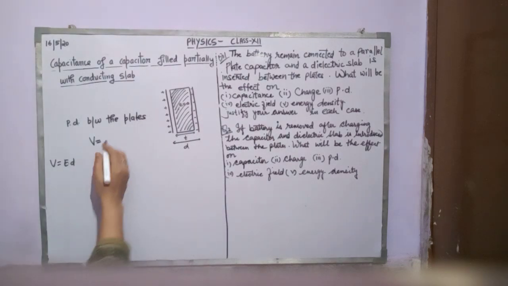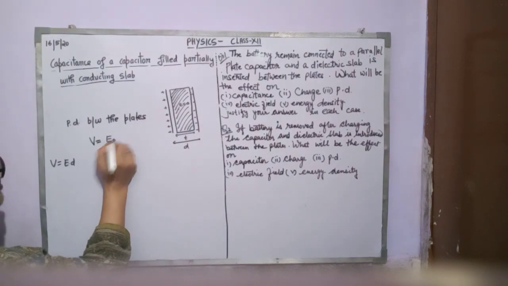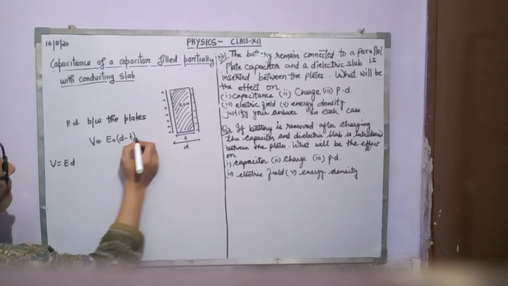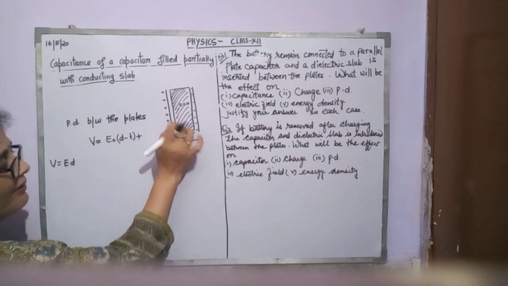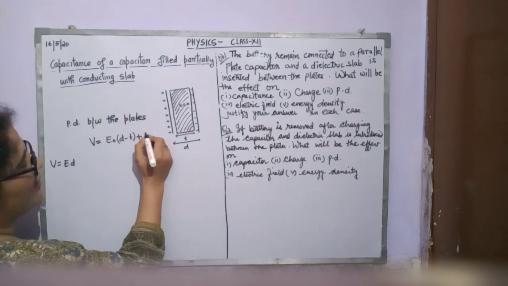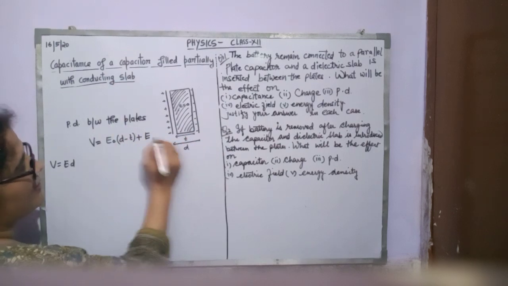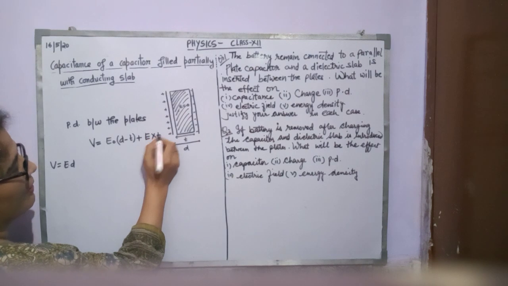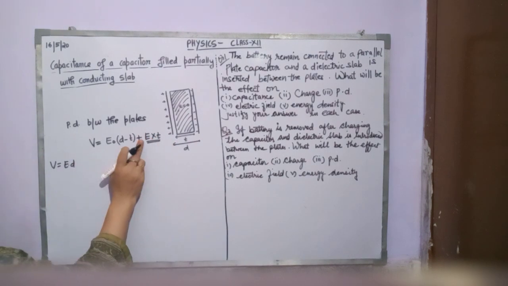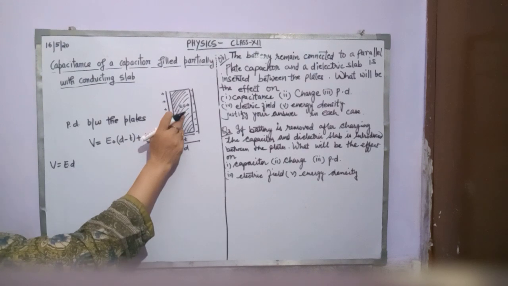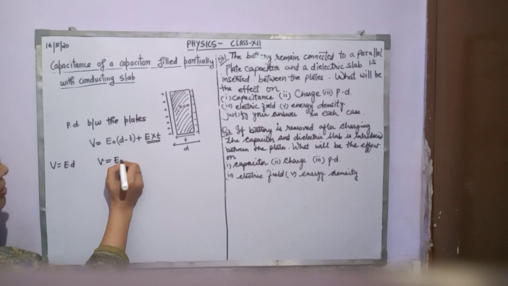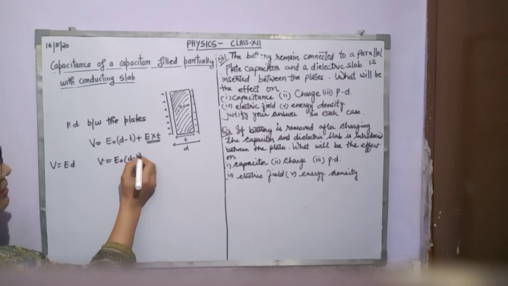Now we can write here E naught, this is your electric field, and the distance is D minus T. Suppose the electric field inside the conducting slab is E, and the distance is T, so E into T. This term is equal to 0 because E is equal to 0 inside the conducting slab. Therefore, V is equal to E naught times D minus T plus 0.